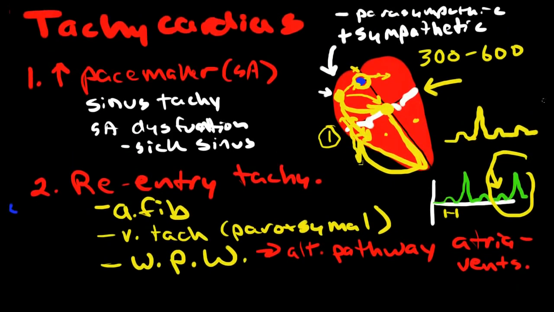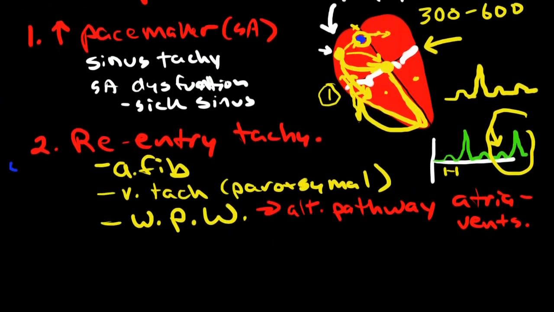Okay, so that's Wolff Parkinson White, and sometimes there are premature atrial contractions every now and then, or it can lead to tachyarrhythmias if the ventricles are depolarizing the atria with every heartbeat. Okay, so that's reentry tachycardias.